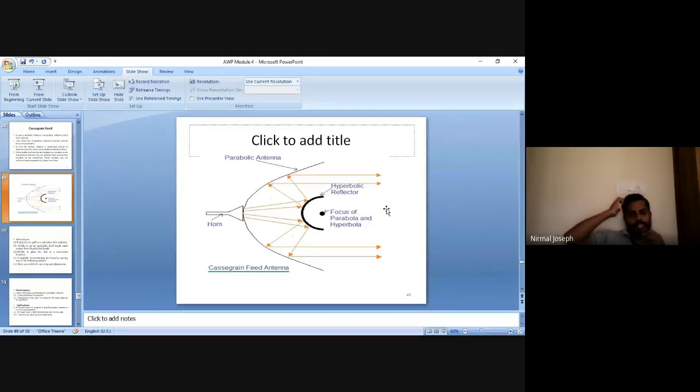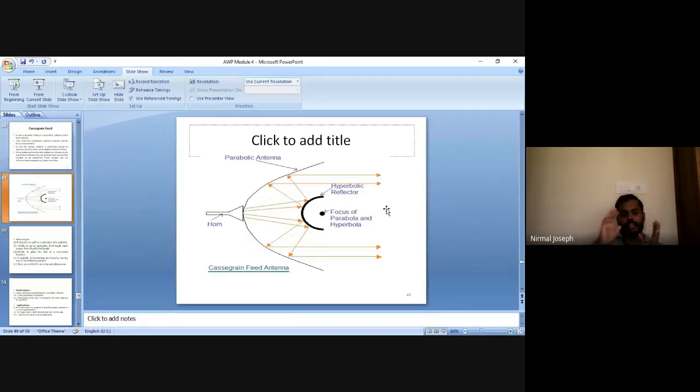It will form a plane wavefront. These are the most modern techniques which we are using for satellite communication and all. So this is cascade feed. In cascade feed, one parabolic reflector will be there, a hyperbolic reflector will be there, and a primary radiator or feed antenna will be there. The feed antenna will be placed at the vertex of the parabolic reflector, and the hyperbolic reflector will be placed inside the parabolic reflector in such a way that the foci of the hyperbolic reflector and the parabolic reflector coincide.